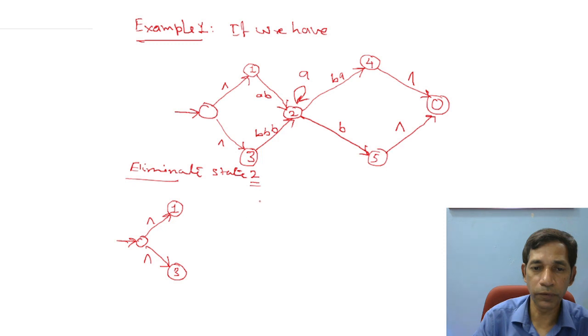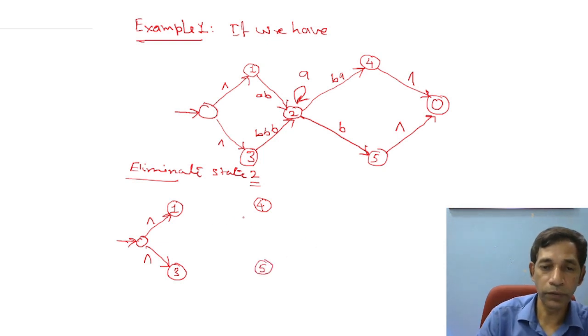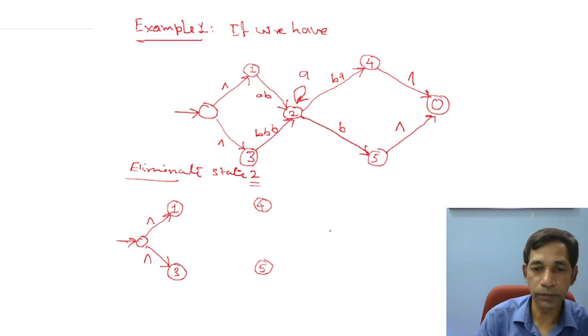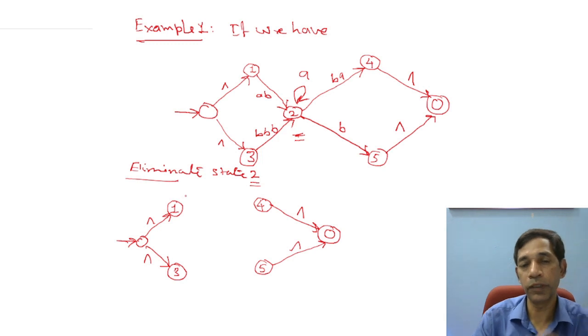So you have the state 4, and this is the state 5, and this is the final state. Now from 4 you have the transition. In the transition graph you have the null transition. Now you need to think, you need to eliminate this state, the state 2.